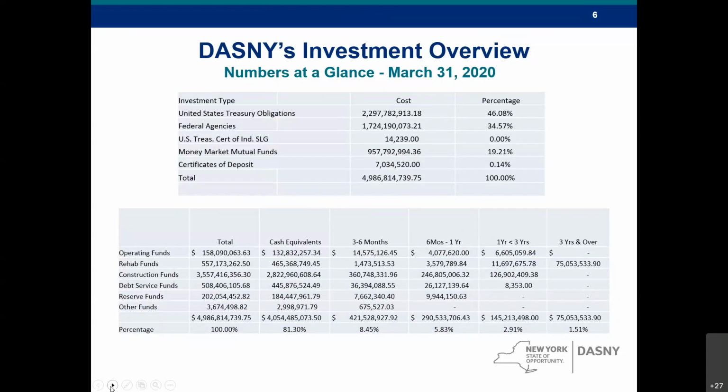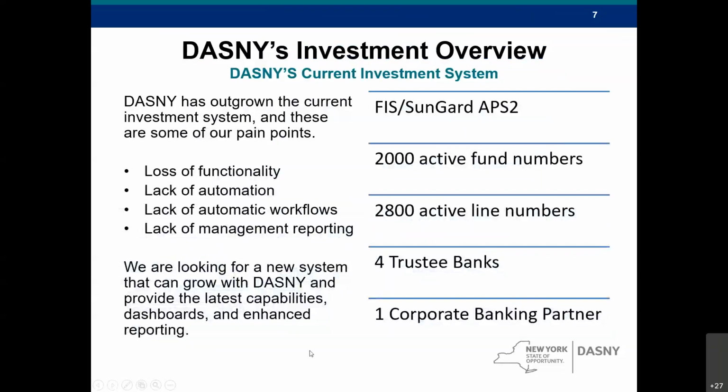Next slide. DASNY's current investment system. DASNY currently uses the FIS SunGard APS2 system for its investments. This is a legacy system that houses all records that we recorded on DASNY's books. We currently have approximately 2,000 active accounts with 5 custodian and trustee banks and approximately 2,800 active investment line numbers.